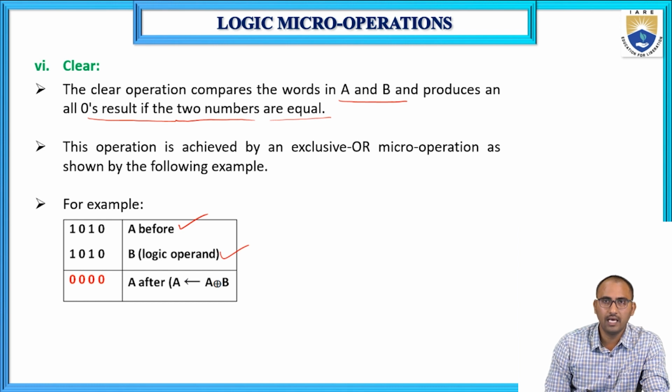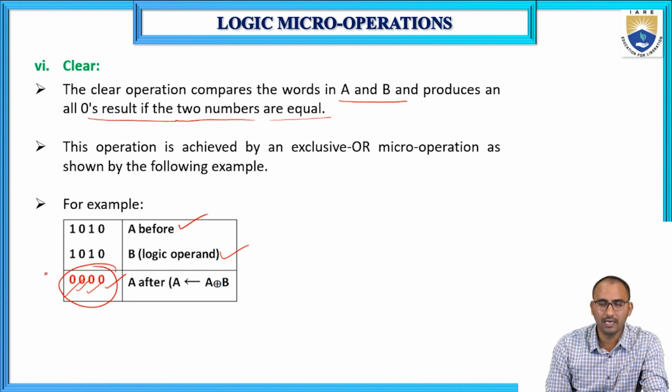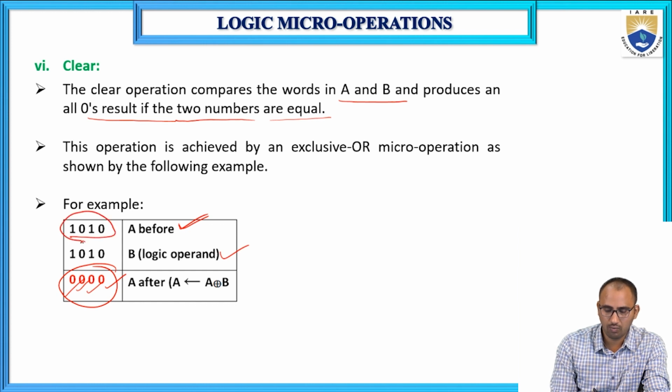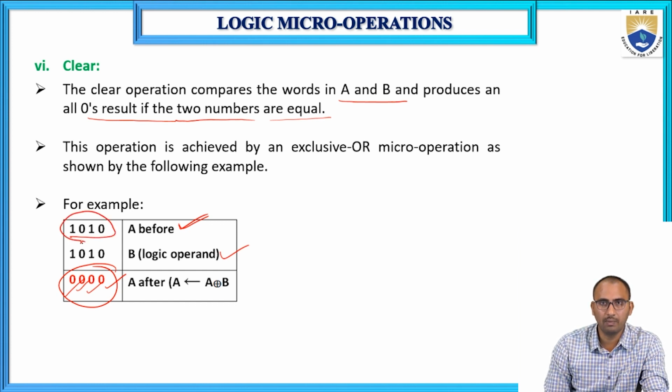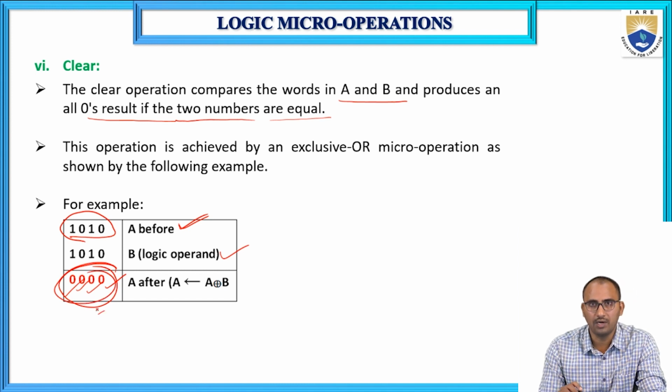That means if they have the same value, it gives a 0 result. If the same inputs are there, then the output is 0. So that means we have cleared the register. Before performing the clear operation, the contents of register A are 1010. But after performing the clear operation, the contents of register A are 0000. So we have performed a clear operation.